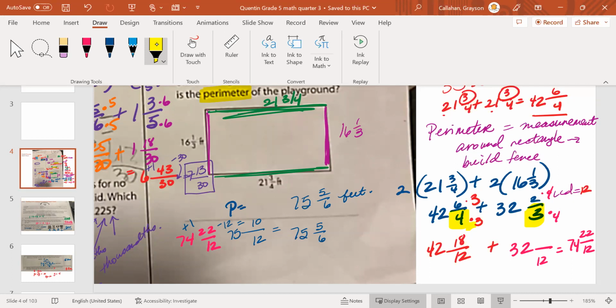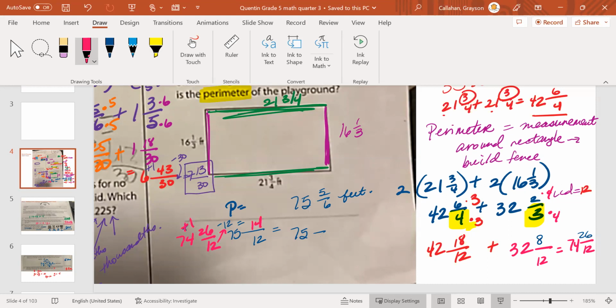Oh, you're right. Hold on a second. Let me change that. So then that becomes an 8, which means this becomes a 26, right? Yeah, 26. Okay. So then what changes is, do you see how 26 is bigger than 12? So I have to subtract 12 because that's the denominator. 26 minus 12 is going to give me a 14, right?